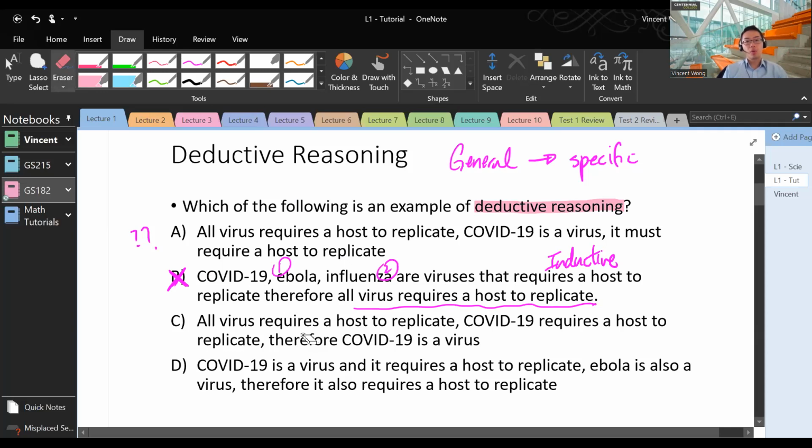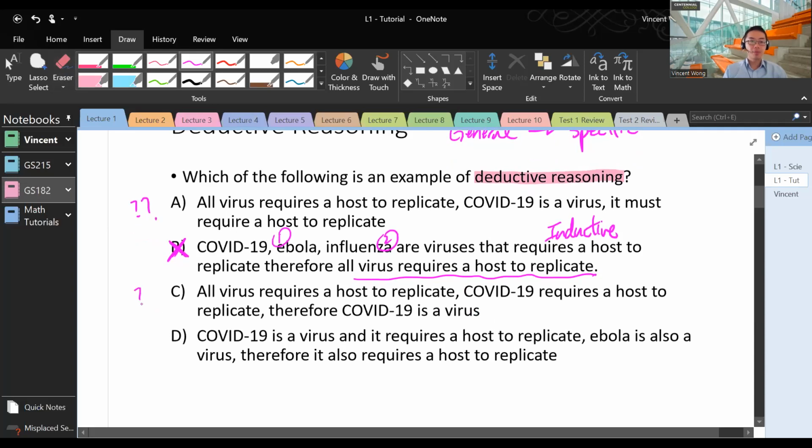All viruses require a host to replicate. COVID-19 requires a host to replicate. Therefore, COVID-19 is a virus. Okay, so maybe, right? This one is also maybe. We can come back to it in a second. Let's take a look at D. COVID-19 is a virus. It requires a host to replicate.